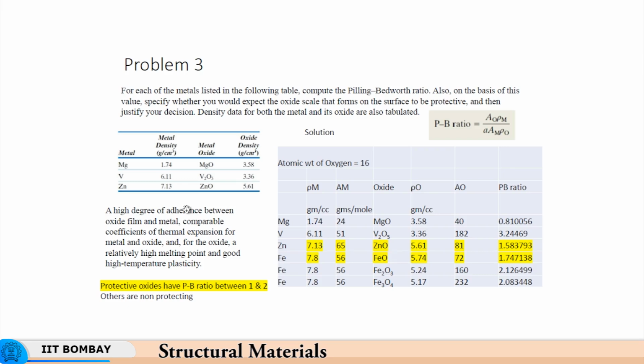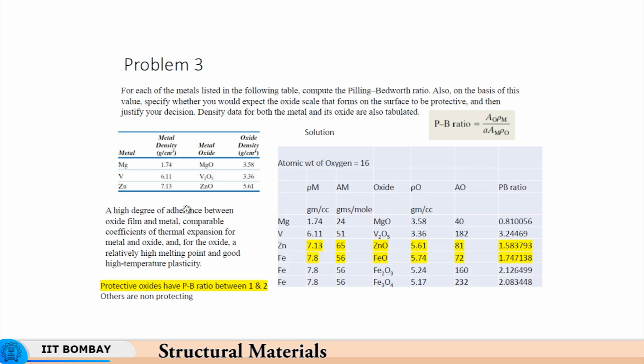For instance, magnesium oxide has a density of 3.58 gram per cc, 3.36 for vanadium oxide, and 5.61 for zinc oxide. Now, if you look at the relative densities between the metal and the oxide, you see that the density of magnesium metal is 1.74 and the oxide has 3.58 grams per cc, right. The oxide has a far higher density.